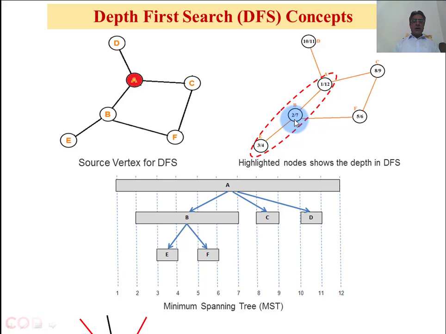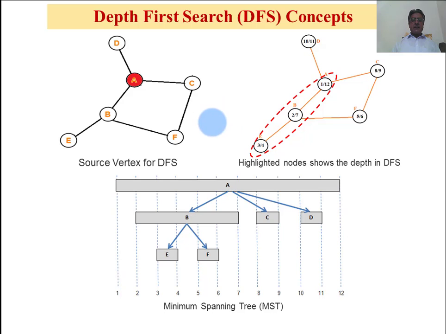So all the nodes have their discovery time as the numerator, and ending time or final time as the denominator. You may see the root node has the value 1 as discovery time, because it is the first node which we have discovered, and its denominator is 12, which is the maximum time, the final time.